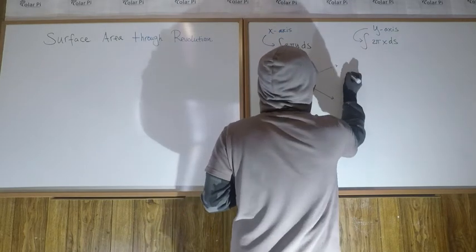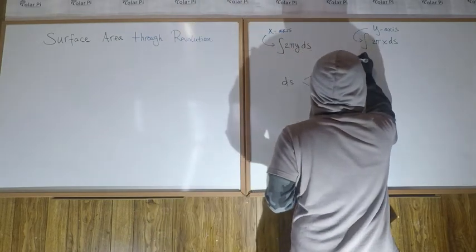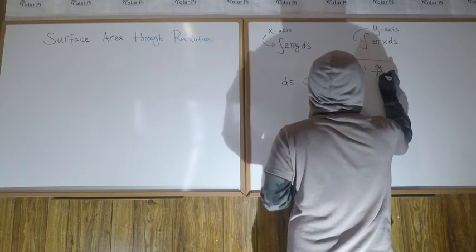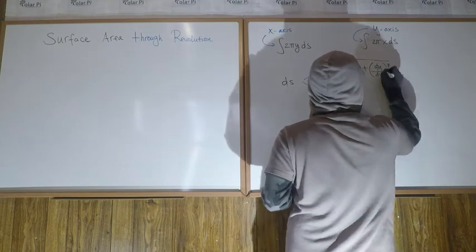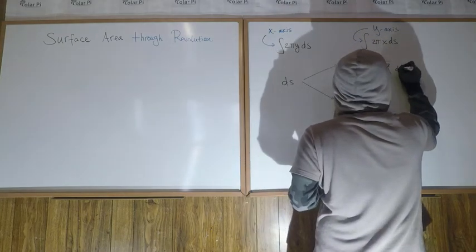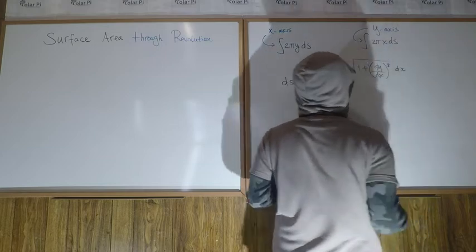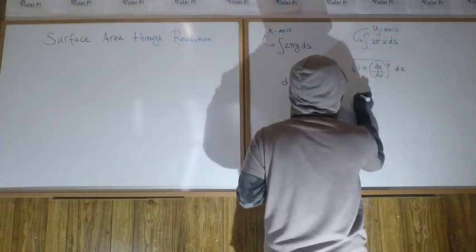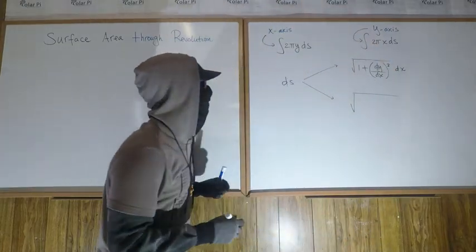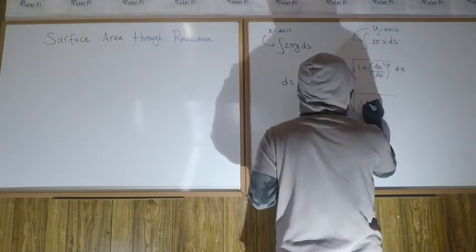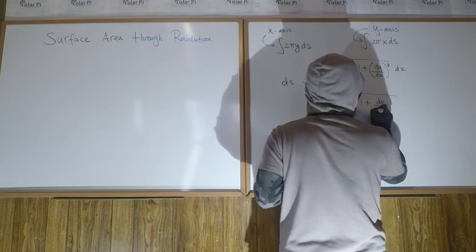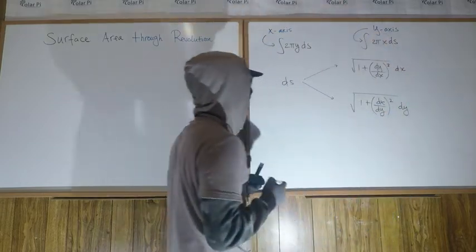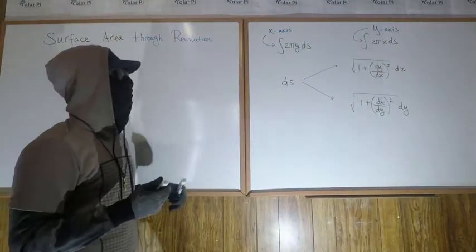It's either equal to the square root of 1 plus (dy/dx) squared, all of that in the square root, times dx, or ds is the square root of 1 plus (dx/dy) squared, times dy.